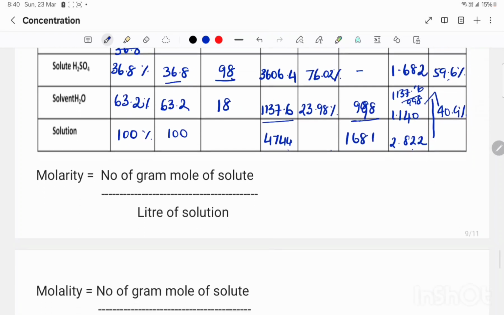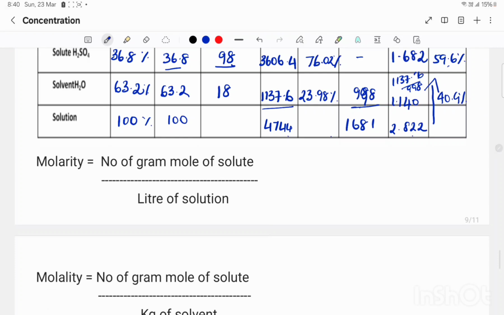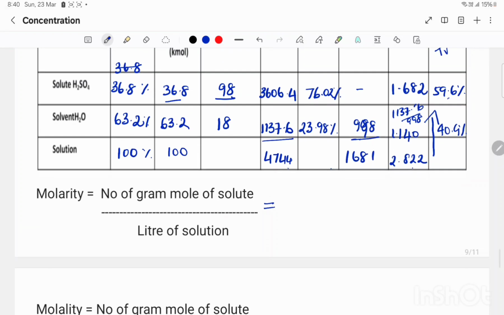Next, let us calculate molarity, molality and normality. Molarity is defined as the number of gram moles of the solute per liter of the solution. The number of gram moles of the solute is 36.8 kilomole, but in the formula we need gram moles, so multiply that with 10 raised to the power 3, divided by the volume of the solution in liters.